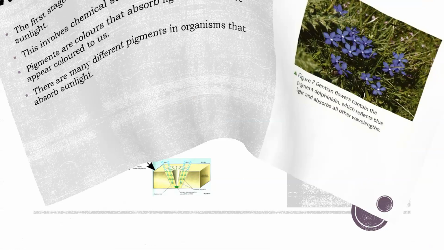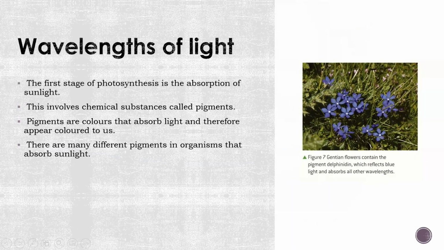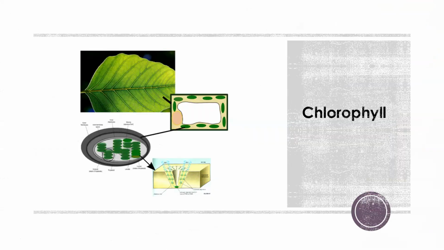So this flower is absorbing all the different colour lights except blue. The blue is being reflected back. All the other wavelengths are being absorbed, but the blue is reflected back, and that's why you see that blue.